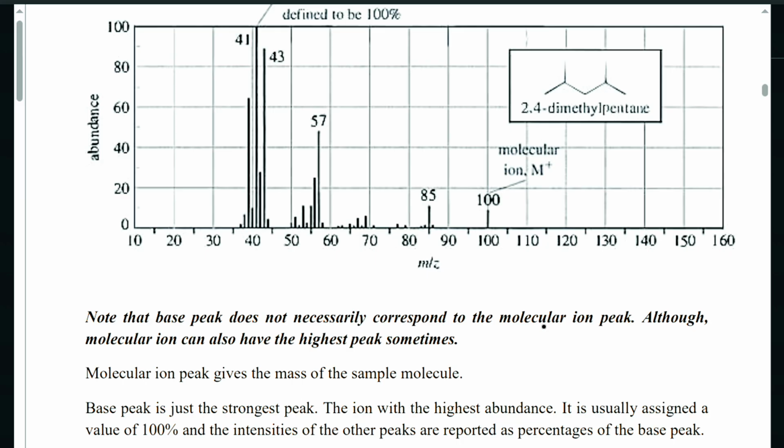The molecular ion peak gives the mass of the sample molecule, right? The base peak is just the strongest peak, the ion with the highest abundance. It is usually assigned a value of 100%. So this is it here, and the intensities of other peaks are reported as a percentage of the base peak.